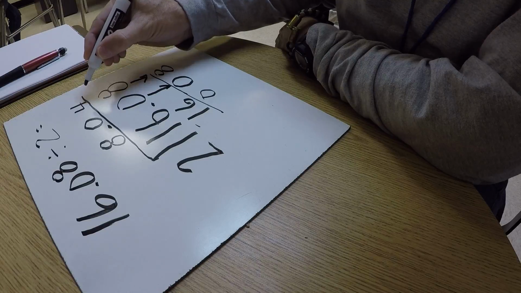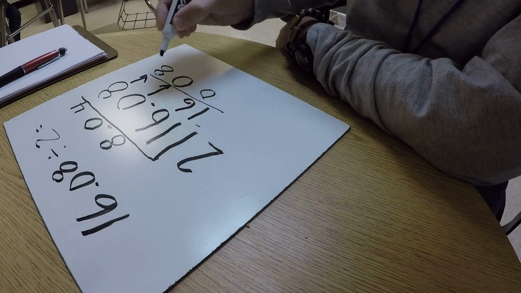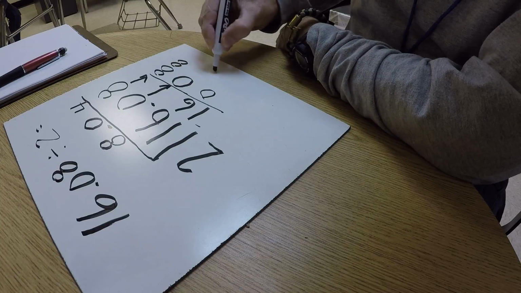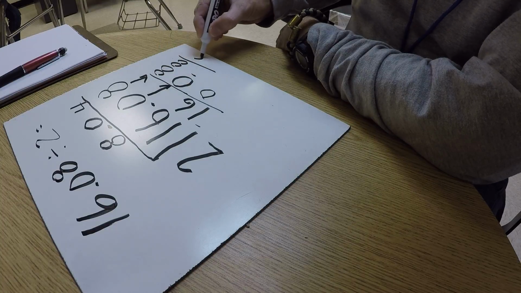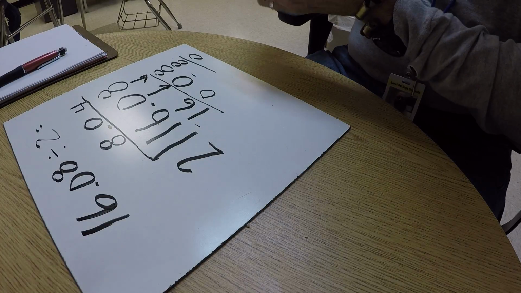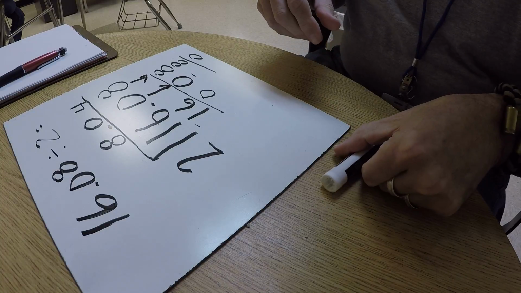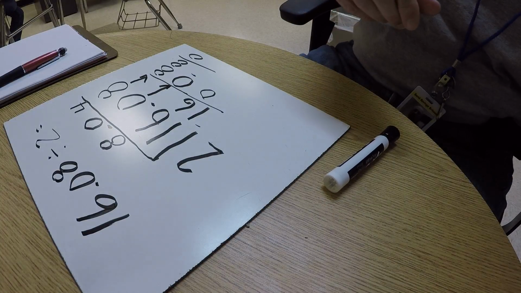And I put that 4 right above the 8 that I brought down. And then I say 4 times 2 is 8. And I subtract 8 from 8 and I get 0. And there's another example of how to work a division problem.